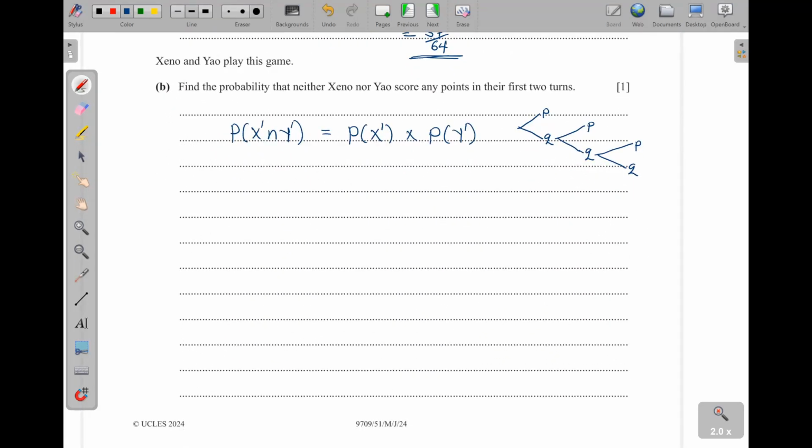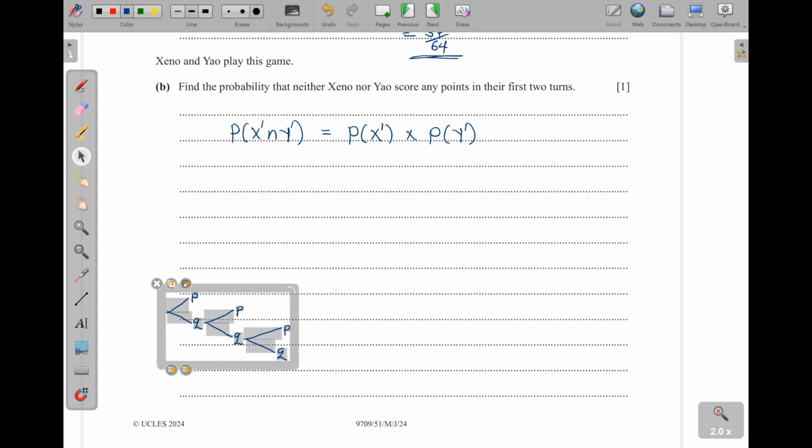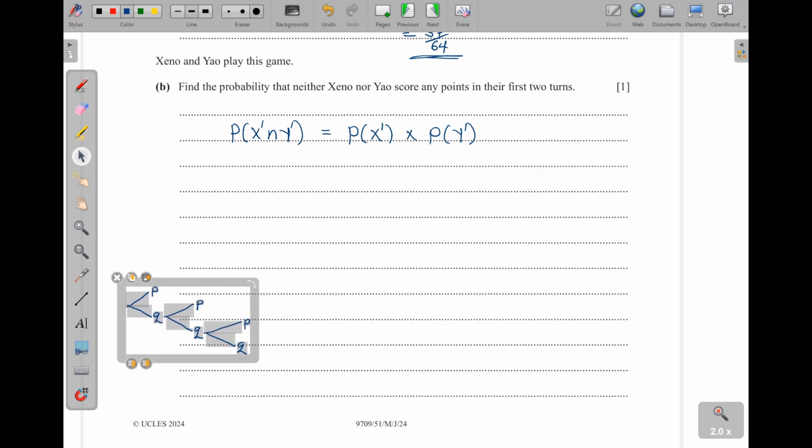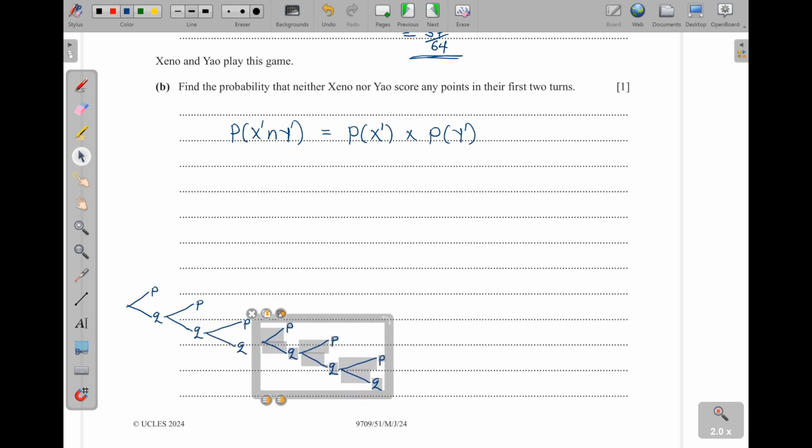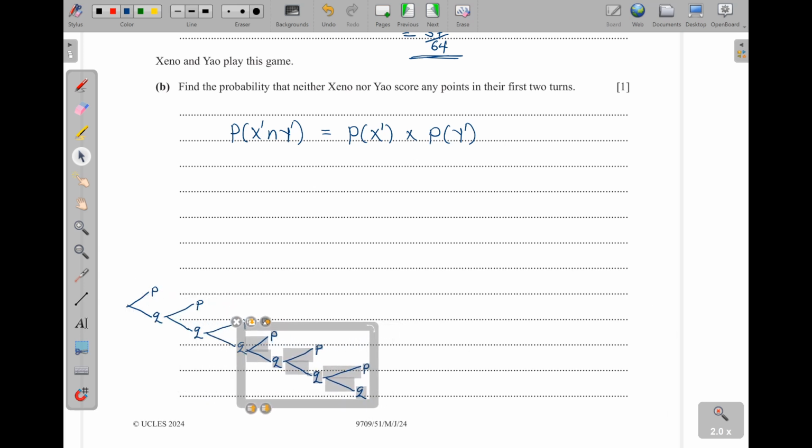So let me bring this one down here, and then I can copy it, then add something here. So this one here is for 1 turn. And then this one here is another turn. Also 1 turn. So maybe this is the first turn, and then here we can say second turn. This is now for Zeno.